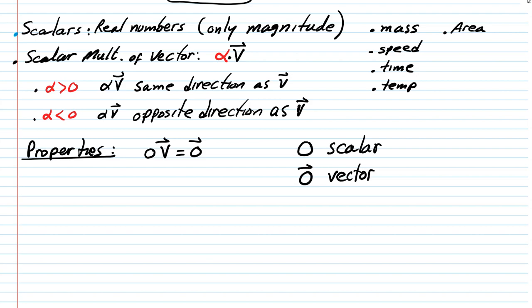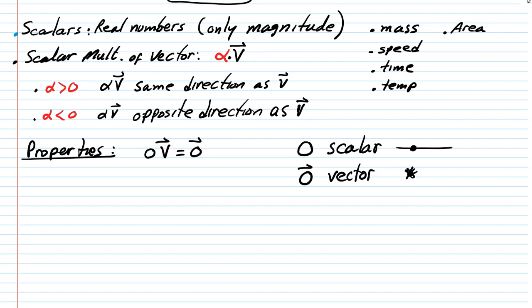So what do they look like on the number line, let's say? A zero scalar is just the point zero, with no signs. A zero vector looks like this, and it has just an arrow, and the arrow could point in any direction. It doesn't matter.